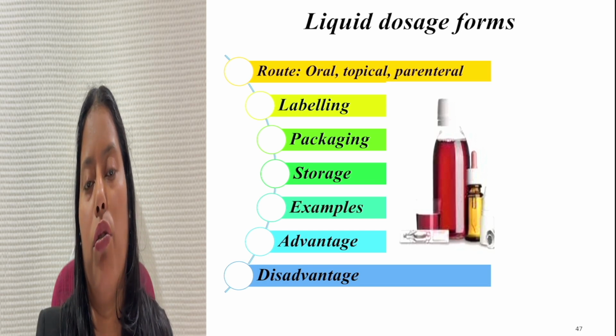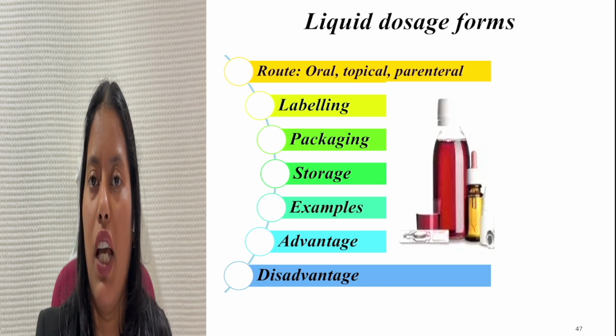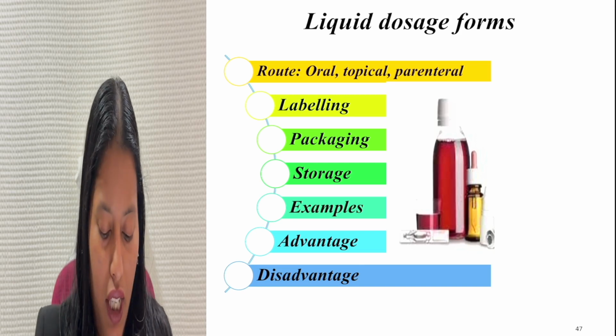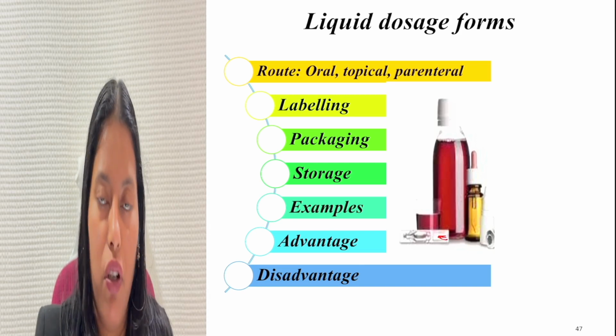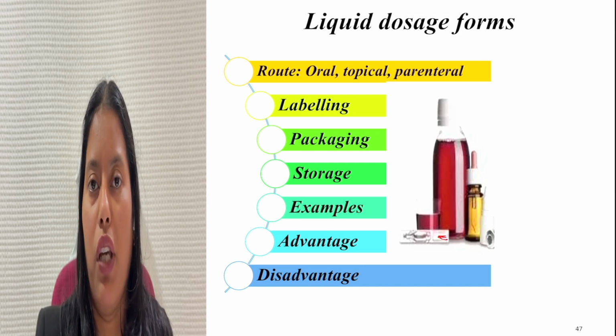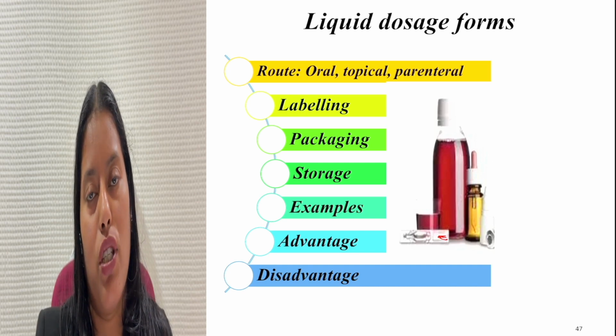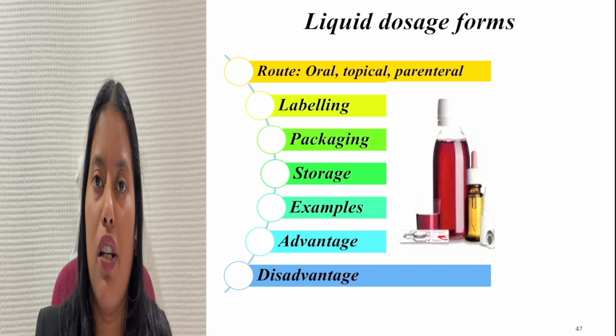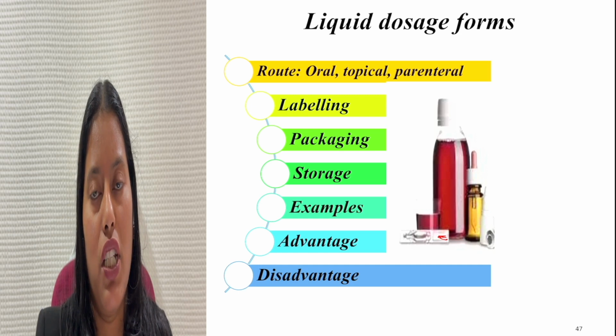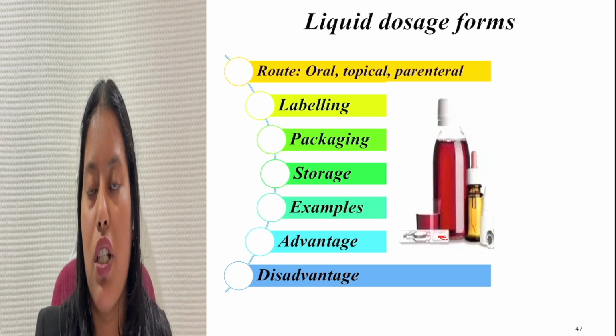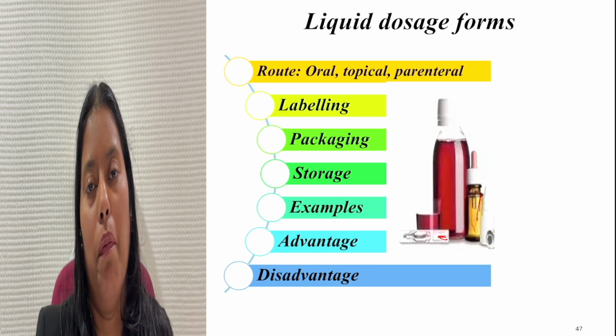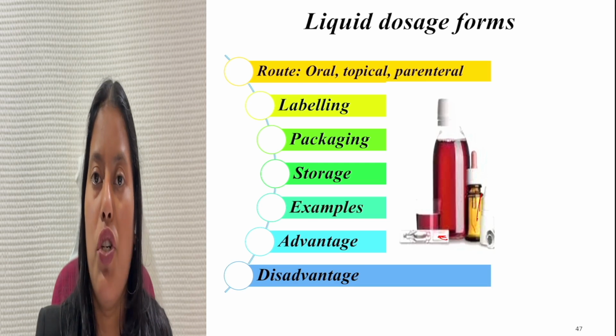Drops are instilled into the eye, nose, ear, so they are also topical use. Then you have an ampule, which is injectable, so you can give it parenterally: intramuscular, subcutaneous, intradermal, intravenous injections can be given for the liquid dosage form. So oral, parenteral, and topical routes can be used.